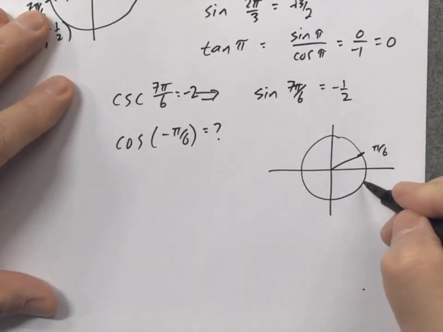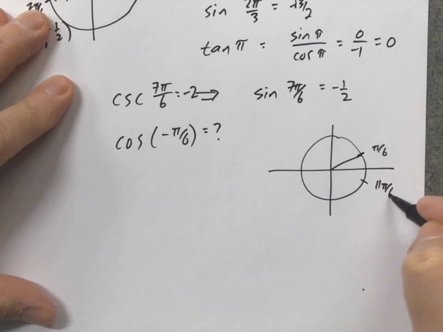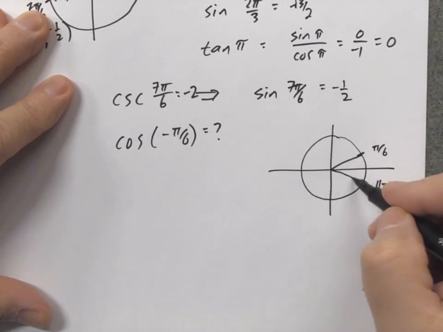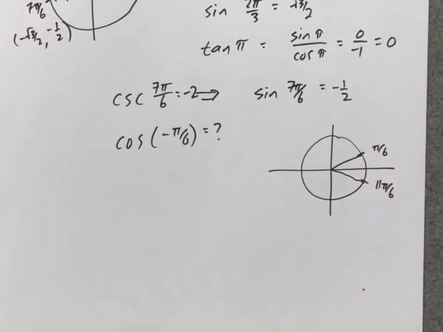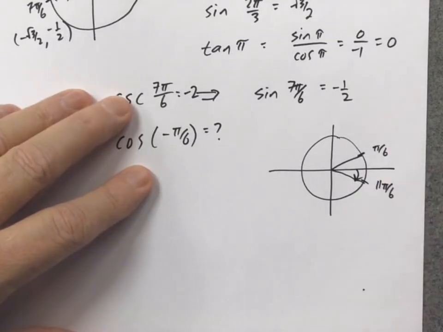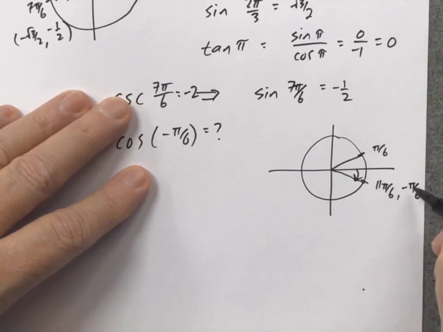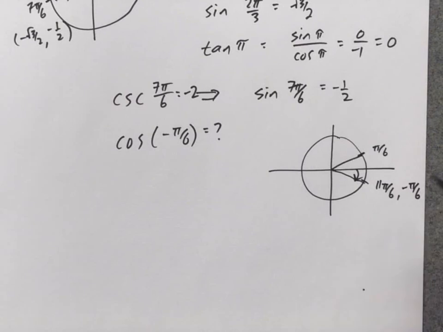And normally right here ends up being 11 pi over 6. However, negative pi over 6 is actually this angle right here. Turns out negative pi over 6 is the same thing as 11 pi over 6.